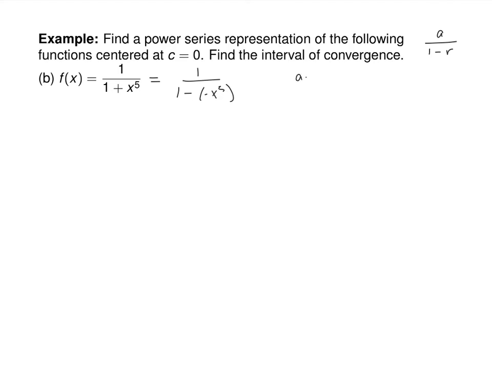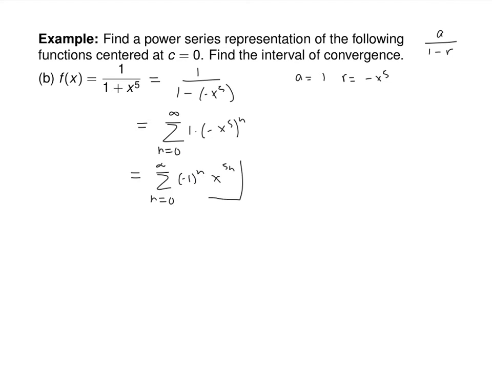And at that stage, your a is 1, and your r is negative x to the 5th. So this is equal to the sum from n equals 0 to infinity of 1 times negative x to the 5th to the n. And I want you to simplify that into negative 1 to the n, x to the 5n, using exponent rules.